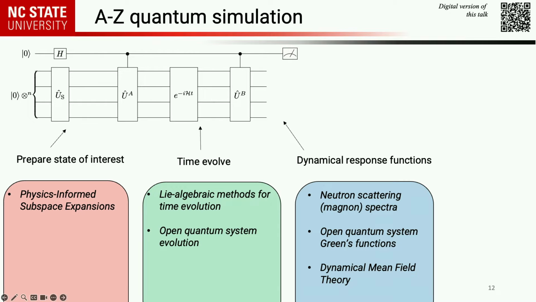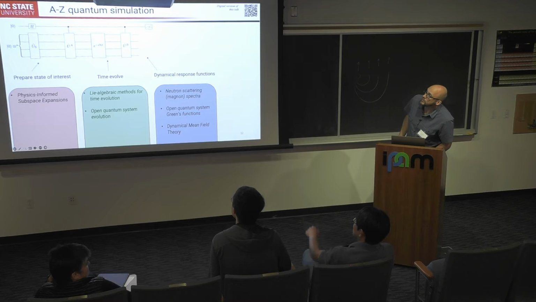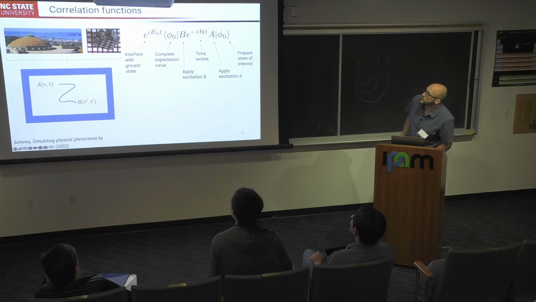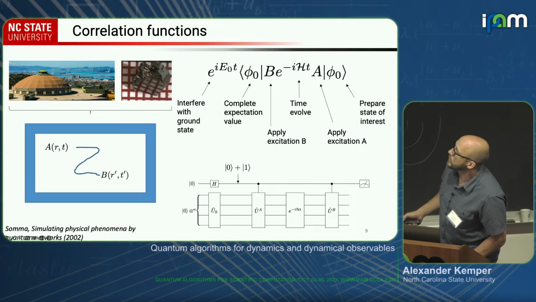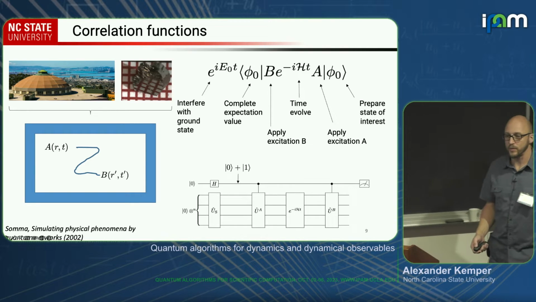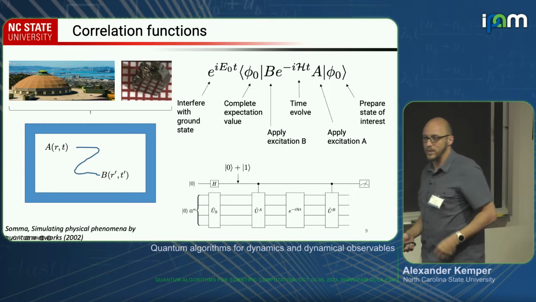Yes? Is it obvious why you don't need the control on the unravel? Is it obvious to see from here? I don't have a 3-second answer for you. I can write it down given 2 minutes on the board.